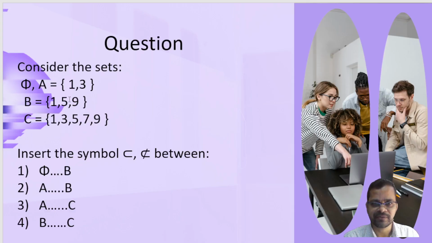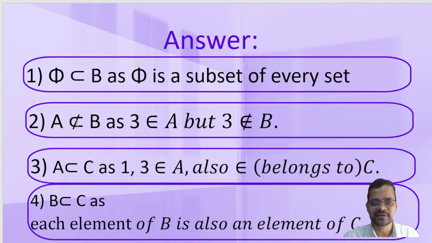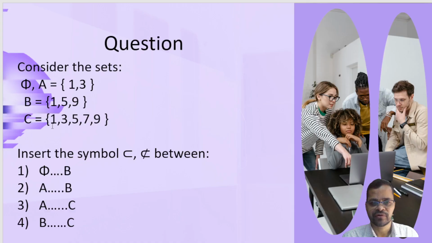Yes, the answer is that A is not a subset of B, because 3 belongs to A but 3 doesn't belong to B. So we have to remember, for a particular set to be a subset of another set, all the elements of that set should be elements of the other set.